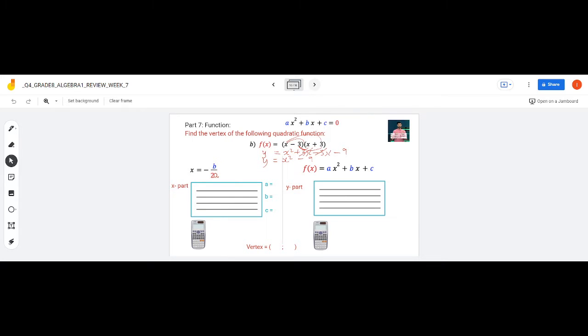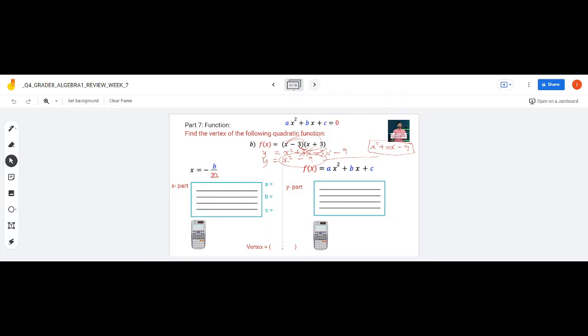Identify my A, my B, and C. Now, if you can recall what we did at the beginning, when we did evaluations, the second part, remember we said that whenever we have something like this and we need a B, we can just substitute it with a 0x, just so that it looks like standard form.